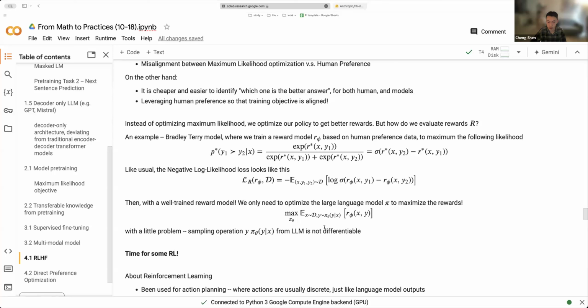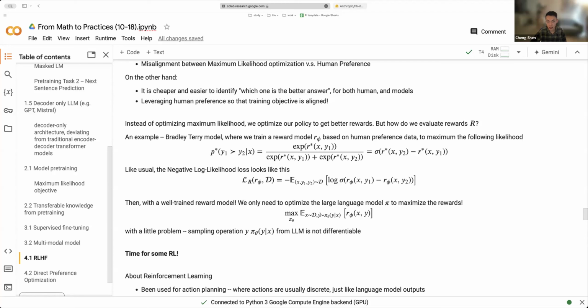We want to maximize the expected reward, or you can also call it return. But to train our large language model based on this maximum return objective, there's a problem with it.